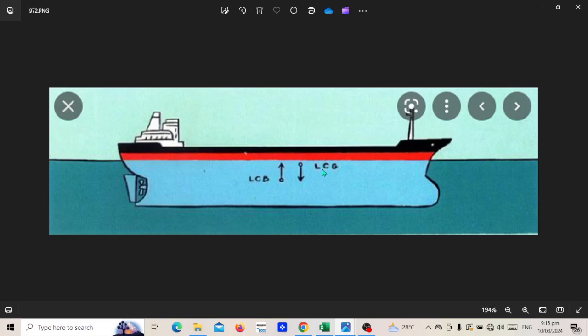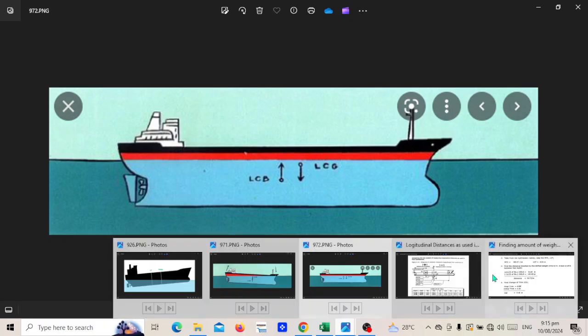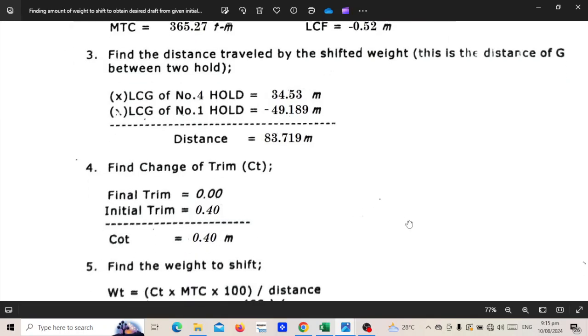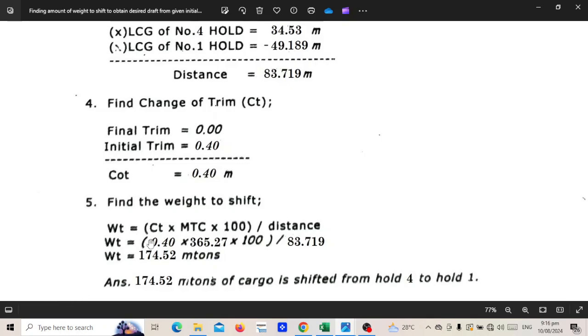So what will be the change of trim? The change of trim will be 40 centimeters, from 40 going to even keel, or no trim. That will be your change of trim. Okay. Then the formula, find the weight to shift, which is this one.